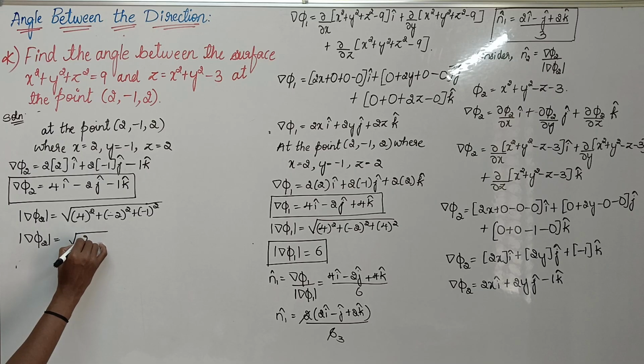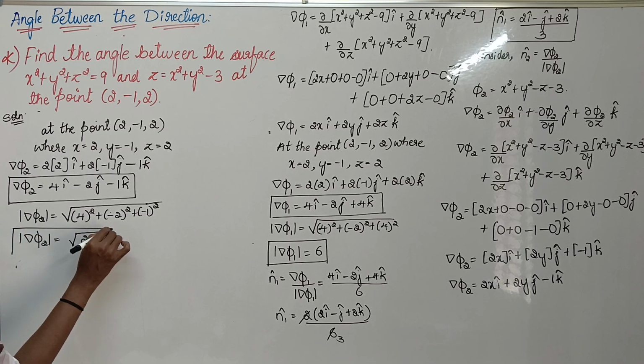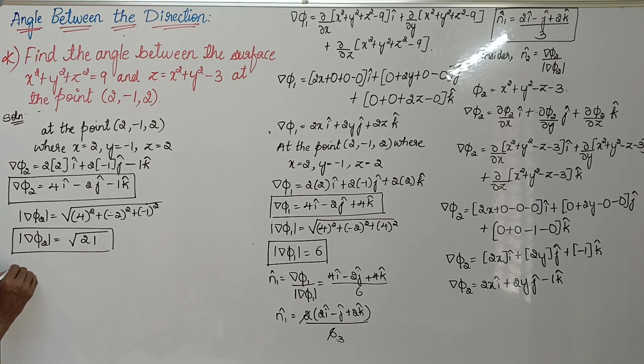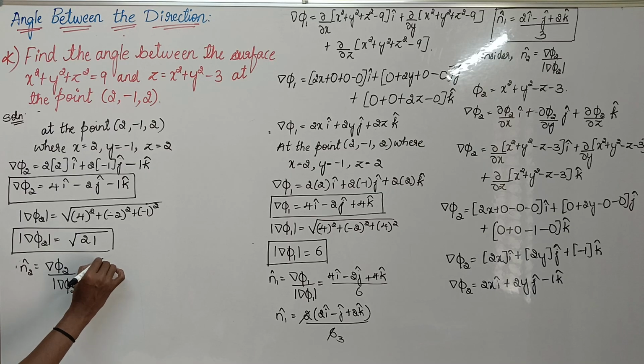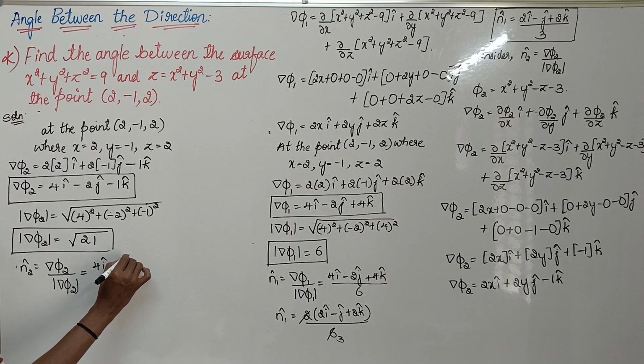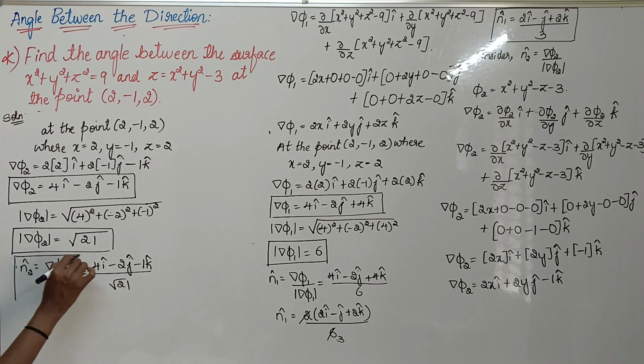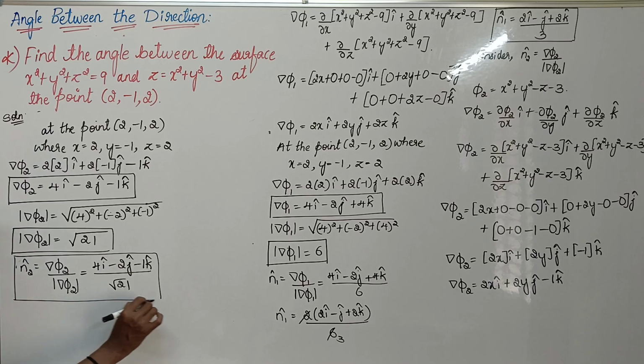This is the modulus of gradient phi2. Now the unit normal vector n2 is equal to gradient phi2 divided by modulus of gradient phi2, that is 4 i cap minus 2 j cap minus 1 k cap divided by square root of 21. This is the unit normal vector with respect to phi2.